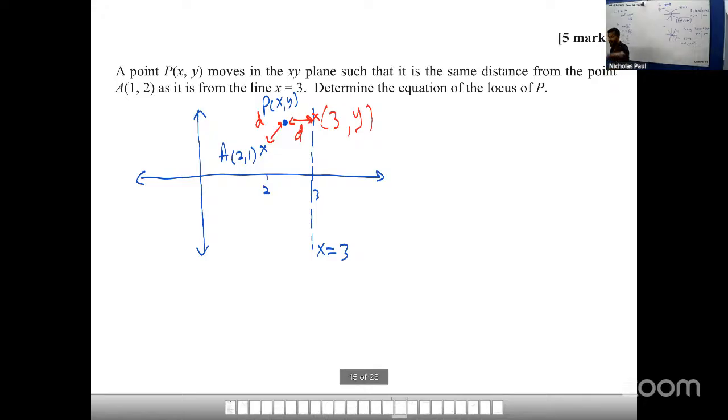On that line, x is always 3 and y could be anything. That's why we're using (3, y). Okay? So use those 2 points now. Find the length of the line and equate them. Use the length of the line formula. And as Mikhail said, it should be a parabola.